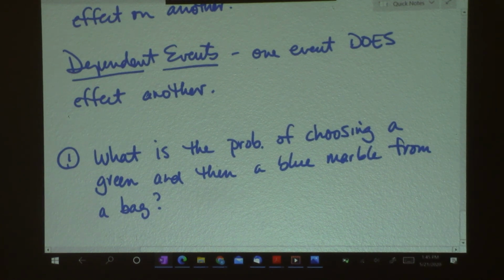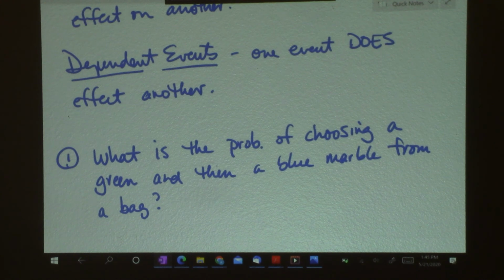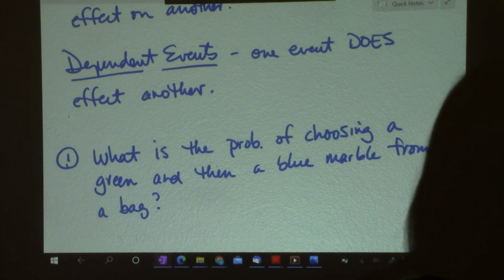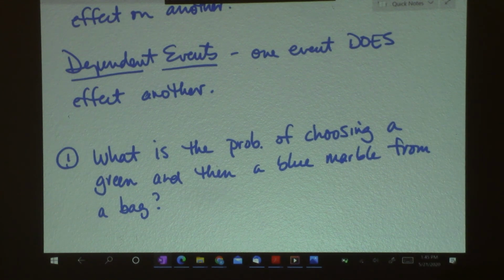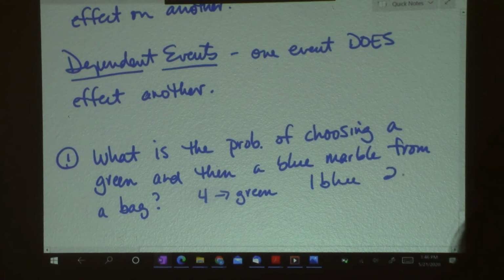Now, in the bag, we have, let's see. We have 4 green, 1 blue, and 2 red.